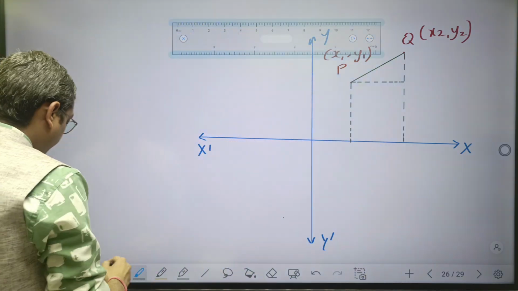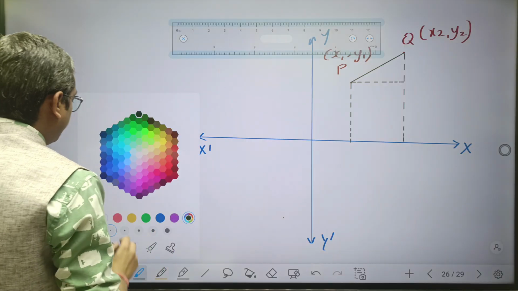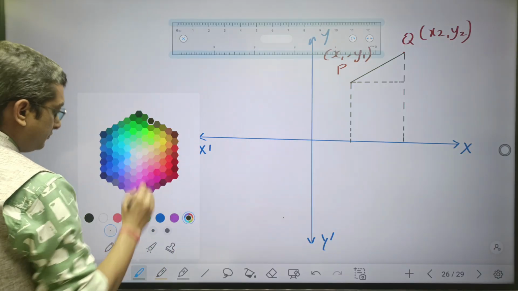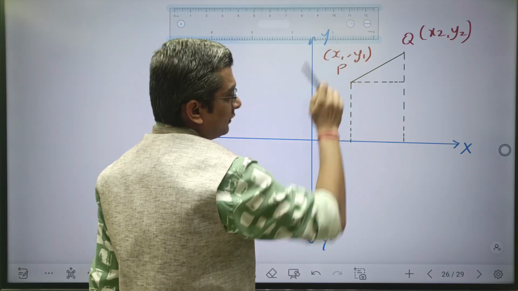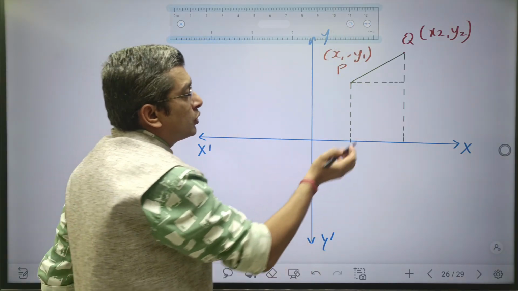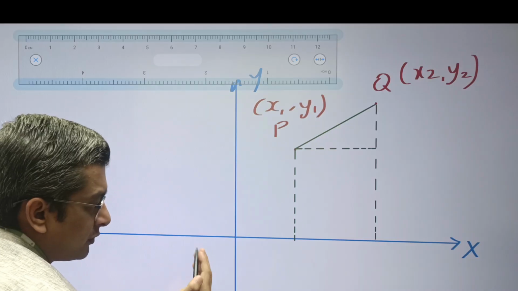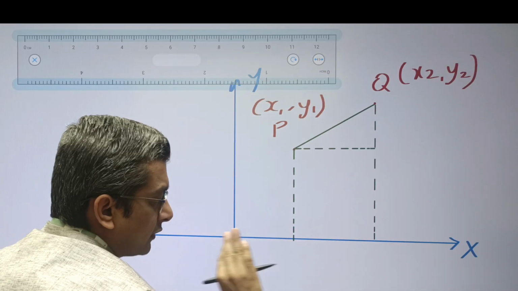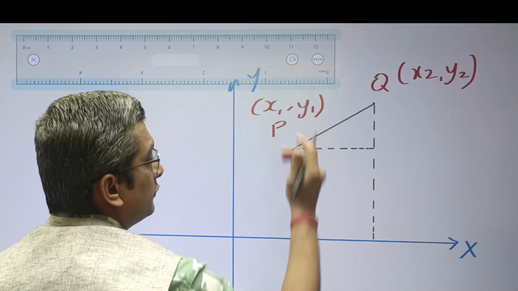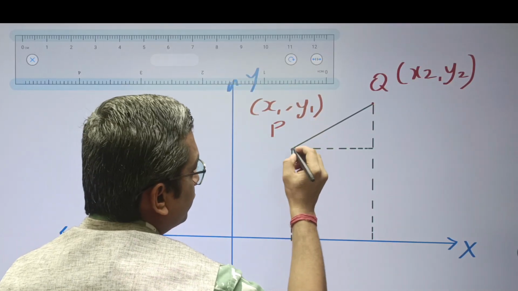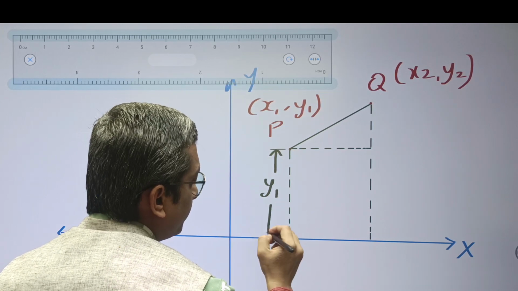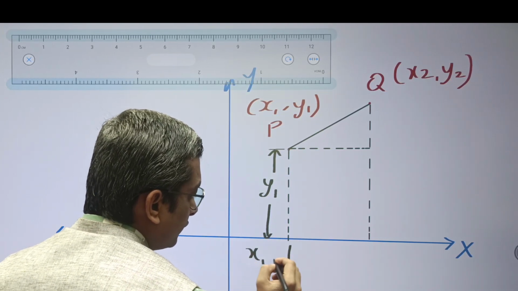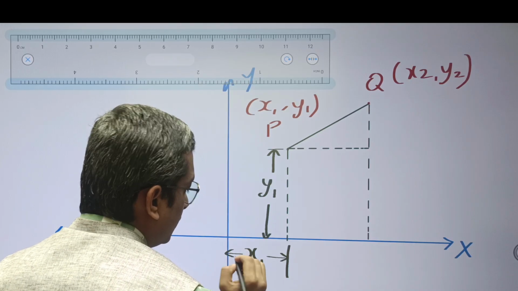Now, dear students, let us mark the distances. So observe carefully. The coordinates of point P are x1, y1. So to locate point P, we must move x1 distance towards the x-axis and y1 distance towards the y-axis. So this distance is y1, and this distance is x1.